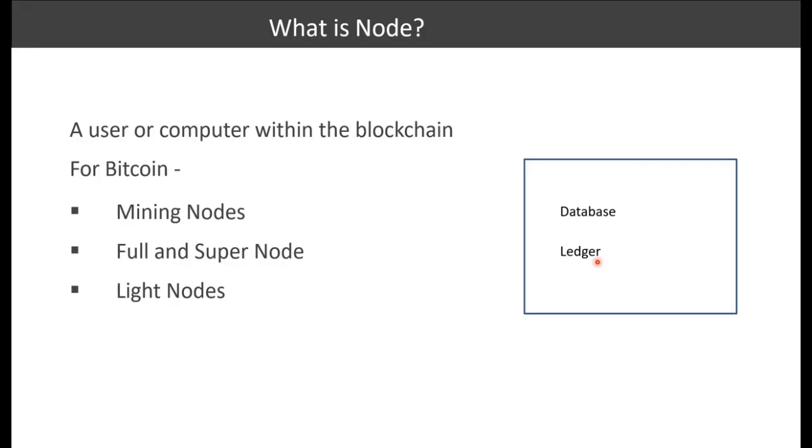However, in Bitcoin and Ethereum, there is one copy of the ledger. The nodes can vary slightly. So we can have nodes that look more toward mining and specialize in that. We can have full nodes that have everything. They do mining. They have the full copies of the ledger, and light nodes that have a subset of what's on the full node. And this really is just to save resources.